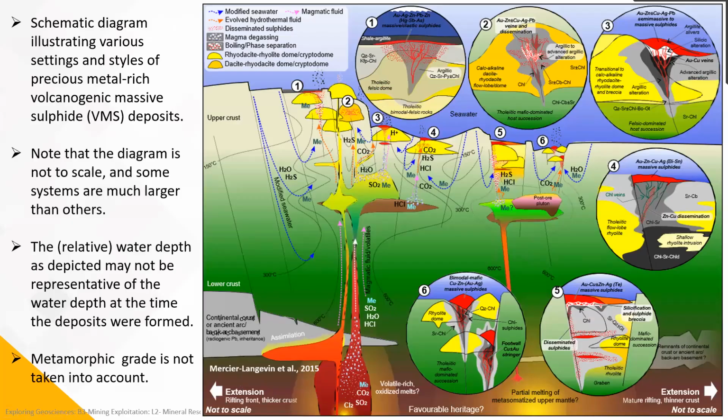So this is a schematic diagram just resuming everything we've seen so far with the difference in environments, if we are in VMS, which scale we are, if we are in the upper crust, lower crust, depending on which temperature we are working in, the temperature will be seen within the geochemical metamorphized minerals we can observe on the field, the alteration we can observe on the field, and so on.